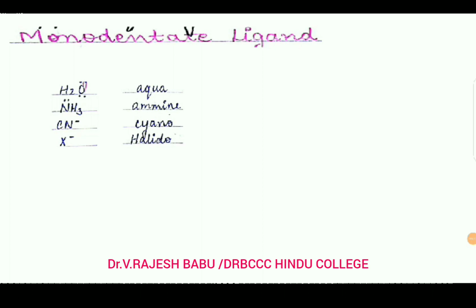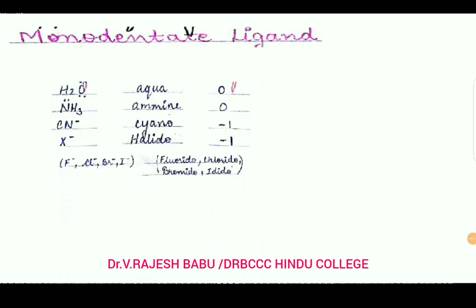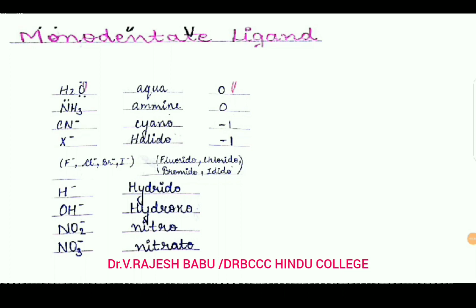And halido, for example fluorido, chlorido, bromido and iodido, also act as monodentate ligands. Their charge is -1, but for water and amine the charge is 0. Some other examples of monodentate ligands are hydrido, hydroxo, nitro and nitrito, which also have a charge of -1.